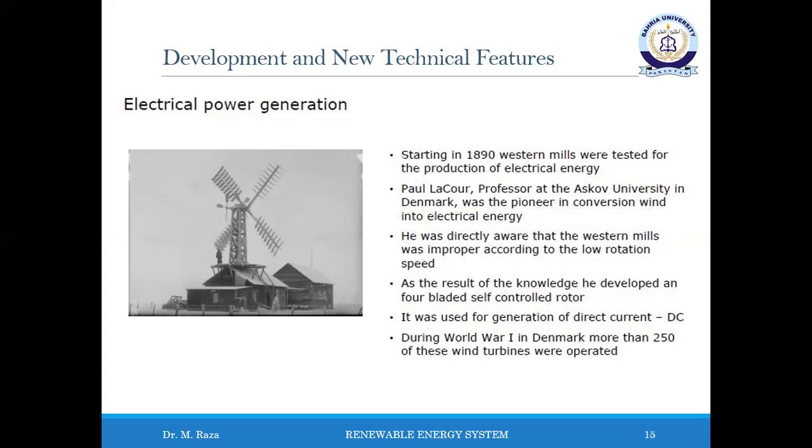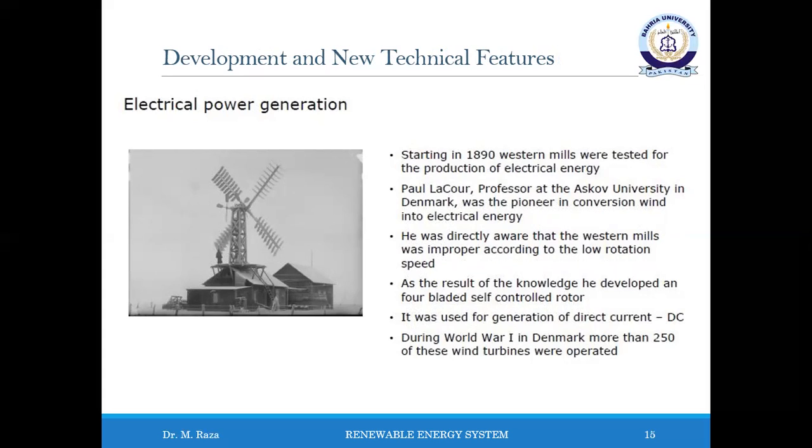Poul la Cour, professor at the Askov school in Denmark, investigated since 1891 systematically the application of wind energy for electricity generation and noticed at once that due to its low tip speed ratio, the Western mill was not very suitable for this purpose.